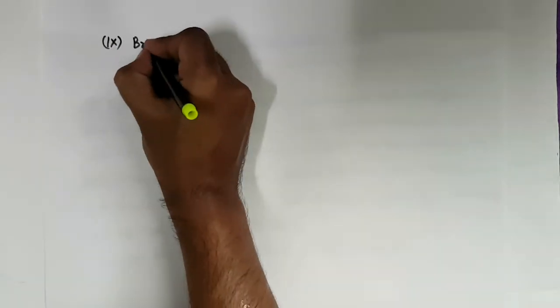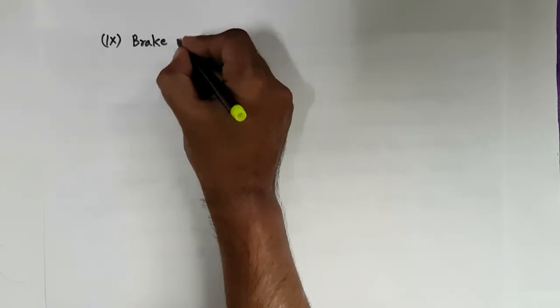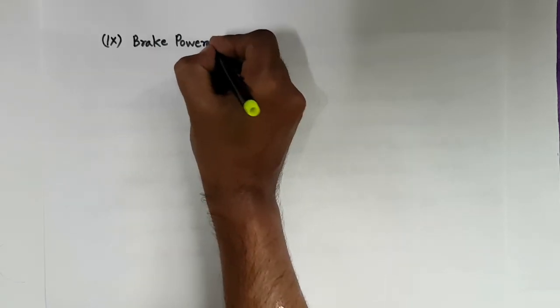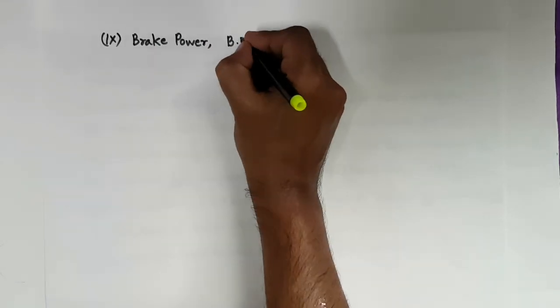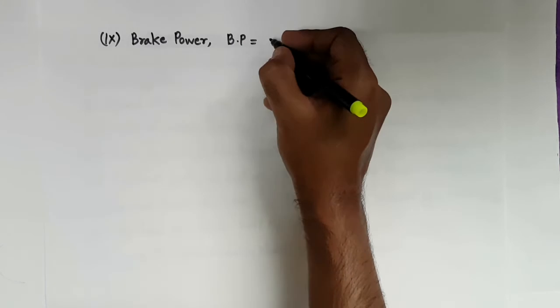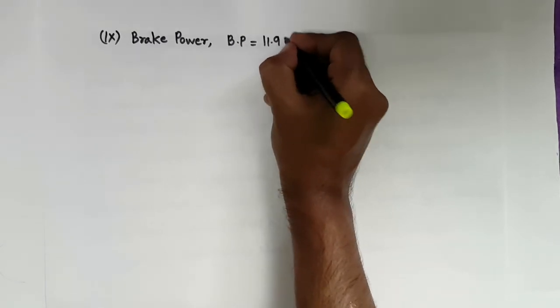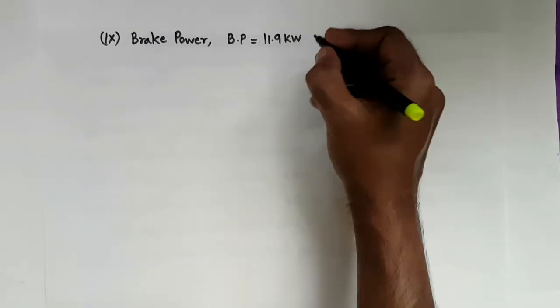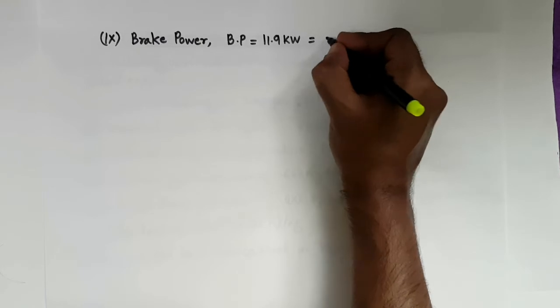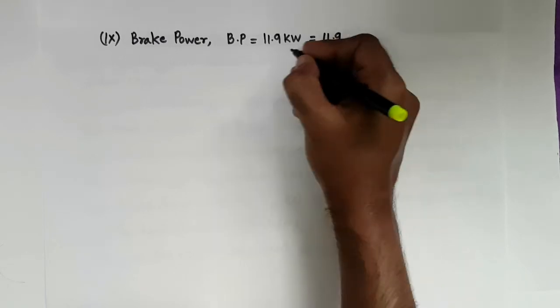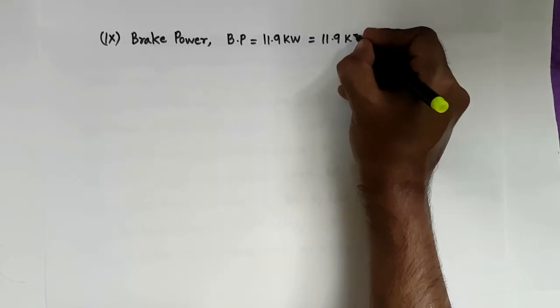That is brake power, BP. Brake power is equal to 11.9 kilowatt. 11.9 kilowatt can be written as kilojoule per second.